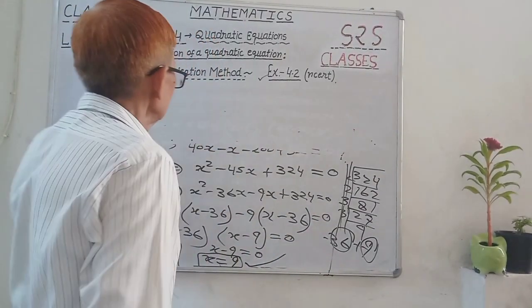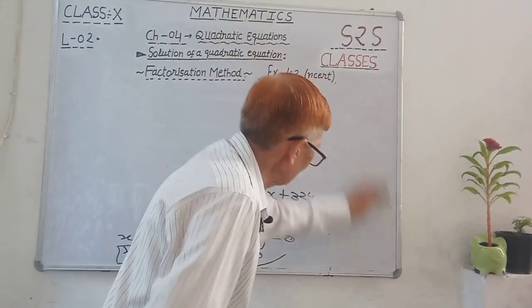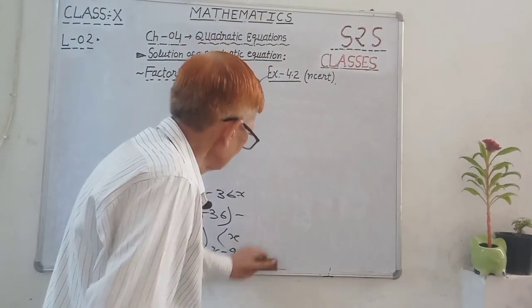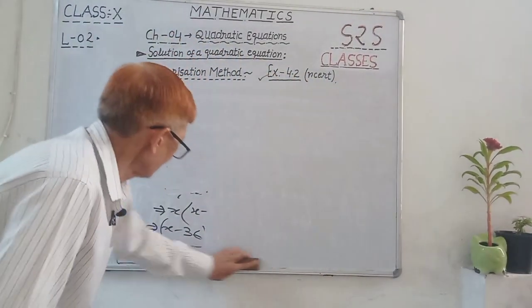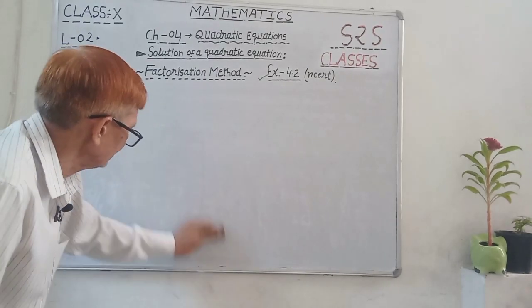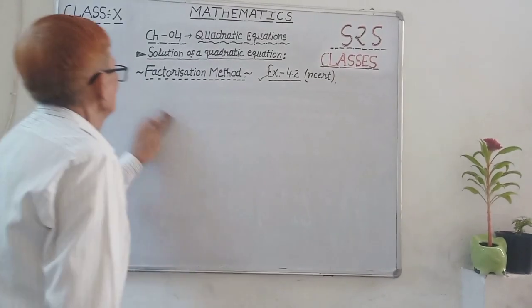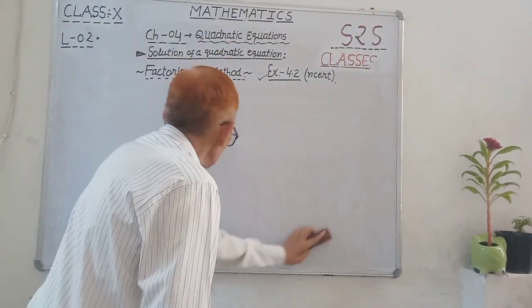So like this we can solve any problem. Represent it in quadratic equation form, and then split the middle term by the factorization method and you can solve. So today we have discussed the factorization method to solve the quadratic equation.